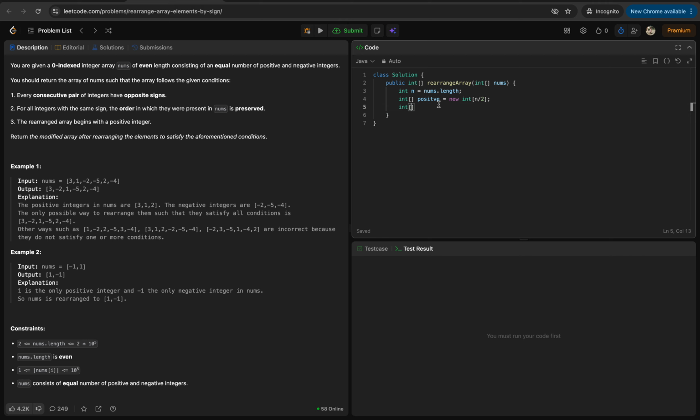Int, let's keep it short, negative equals new int n by 2.